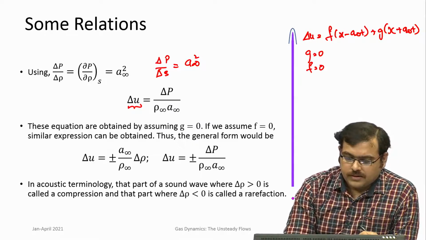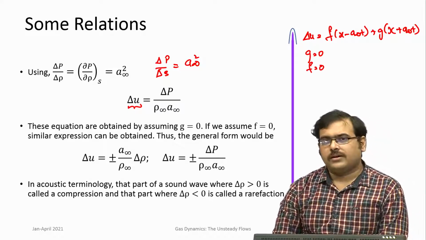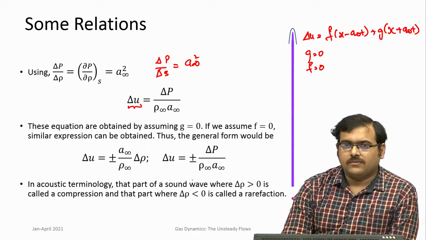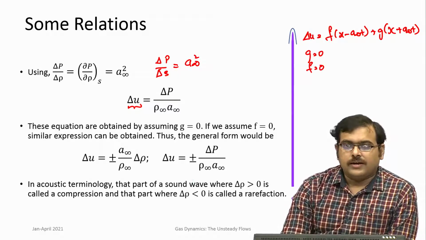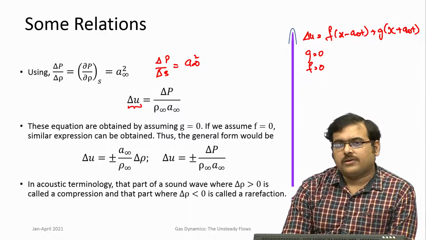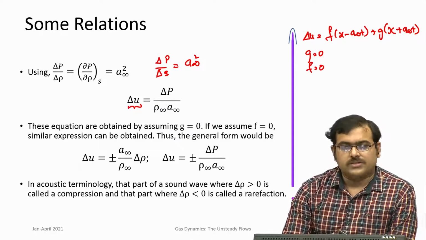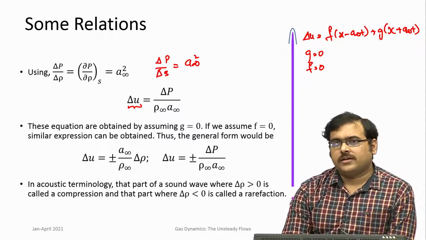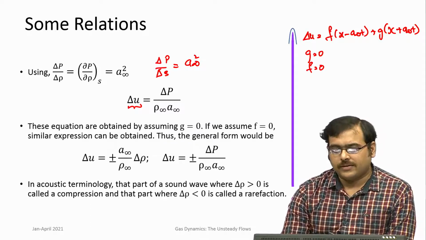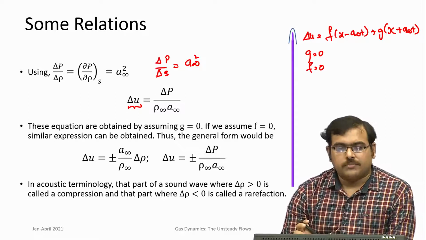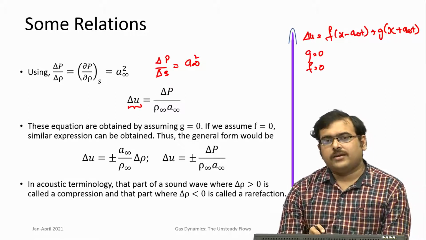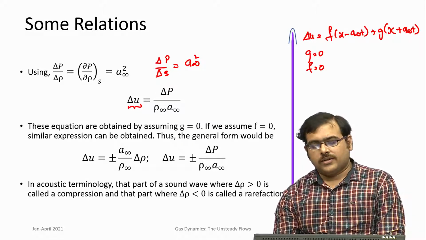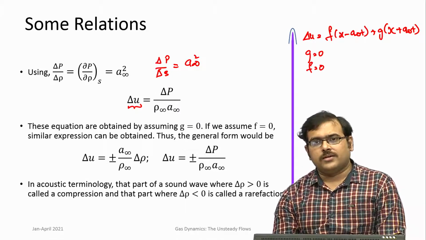These are very small changes, infinitesimally small, corresponding to sound waves. When pressure increases, density increases in the sound wave, and that is compression. When the pressure decreases, that is called the rarefaction part of the sound wave.